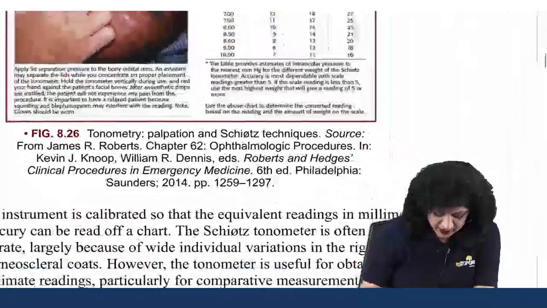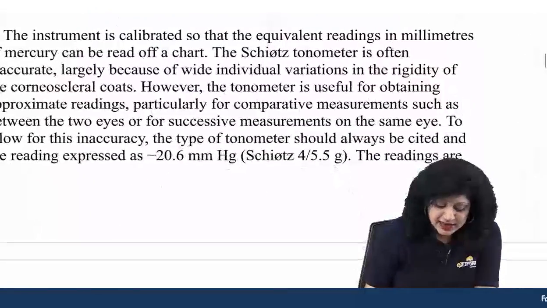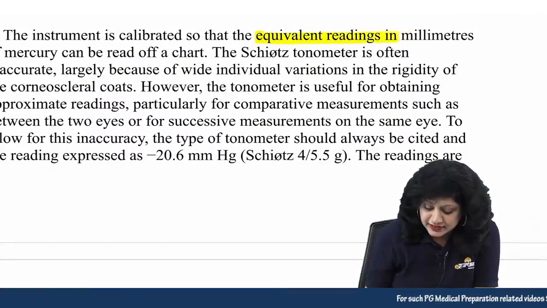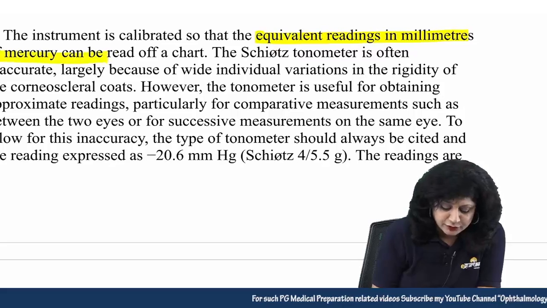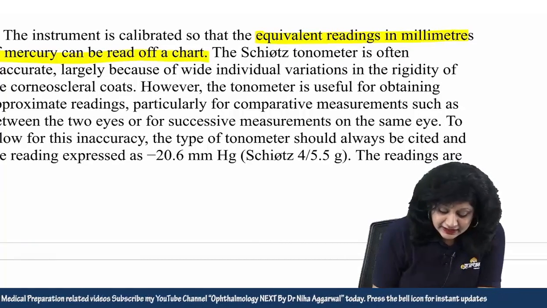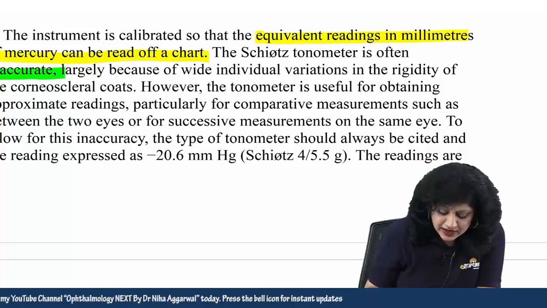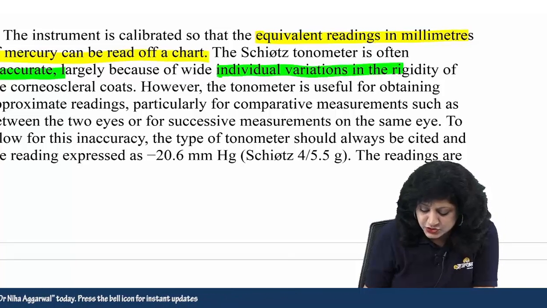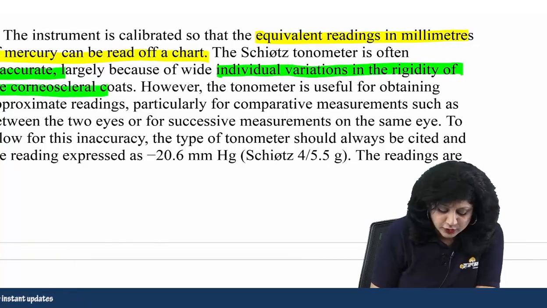All right. Now the instrument is calibrated so that the equivalent reading in mm of mercury can be read from a chart. Now Schwartz tonometer is often inaccurate. Why is it inaccurate? Largely because of the wide individual variations in the rigidity of the corneoscleral coat.